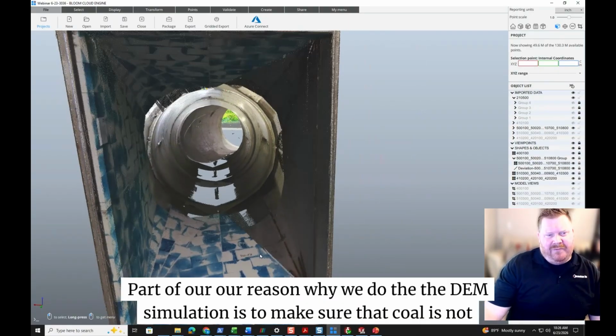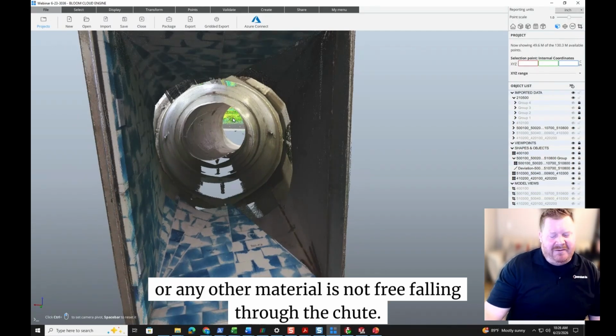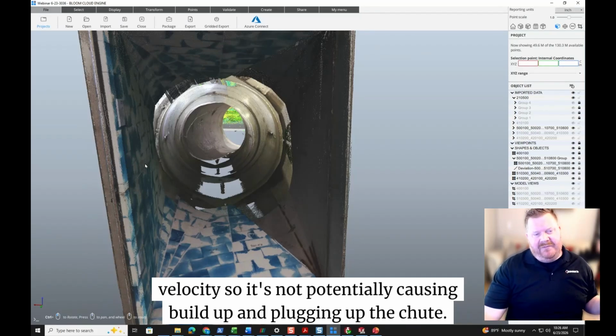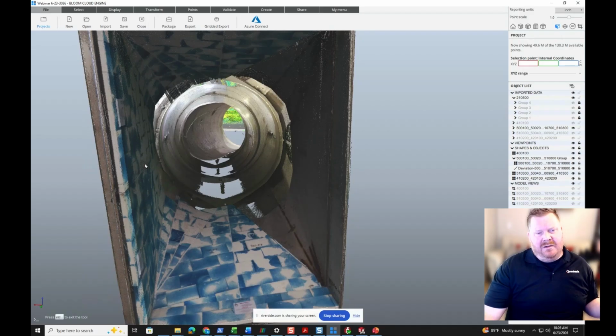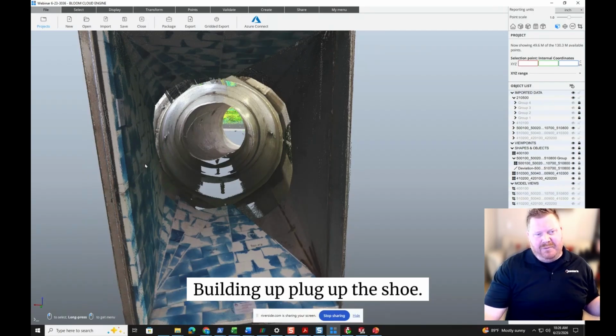So part of our reason why we do the DEM simulation is to make sure that coal, or any other material, is not free falling through the chute. It's gently sliding across all the surfaces, but not at such a low velocity that it's building up and plugging up the chute.